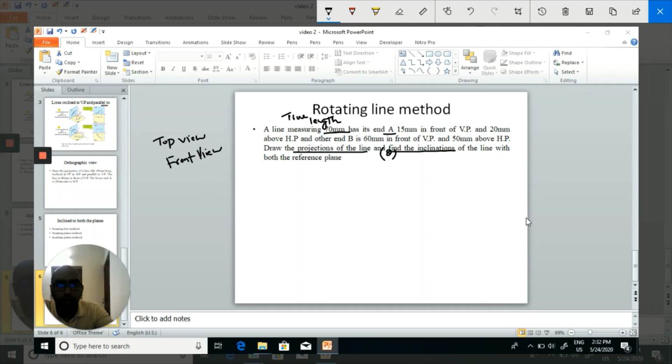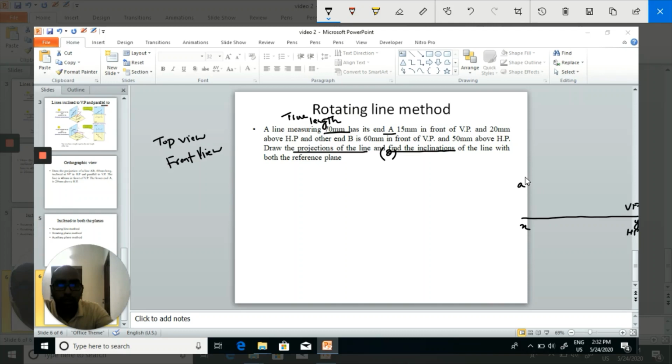So first we have to draw a reference line, XY. VP and HP are above and below the line. Now we have to find the projection of the point A. So the front view of the point A is A dash.